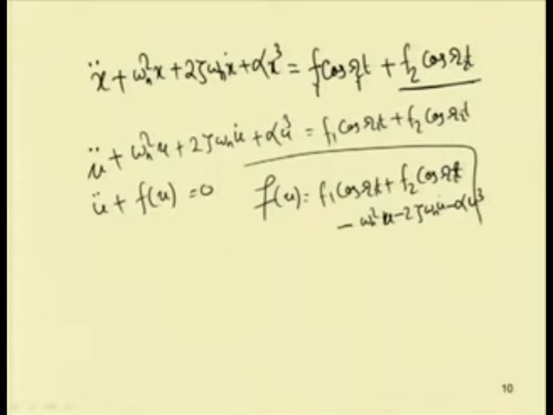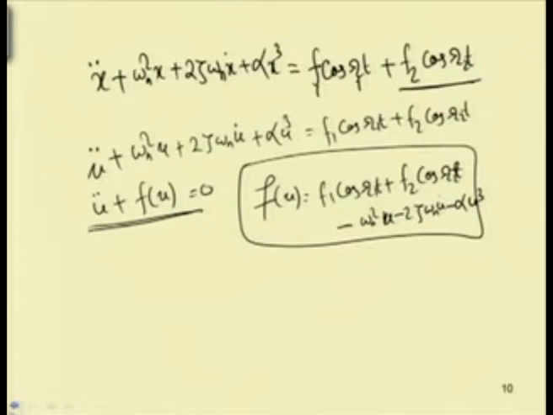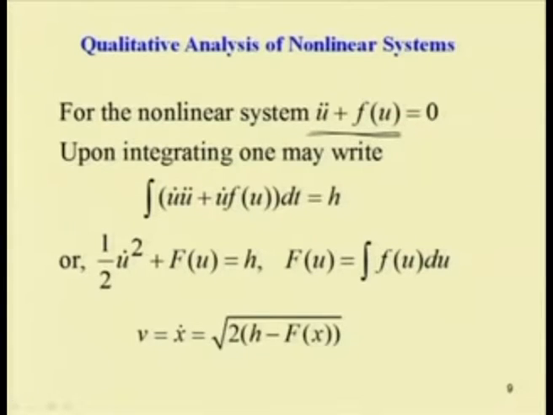So, one can write all these equations in the form u double dot plus f(u) equal to 0. Now, multiplying this equation by u dot, I can write u dot into u double dot plus u dot into f(u) equal to 0, and upon integrating, the integral of u dot u double dot plus u dot f(u) dt equals h, where h is a constant.